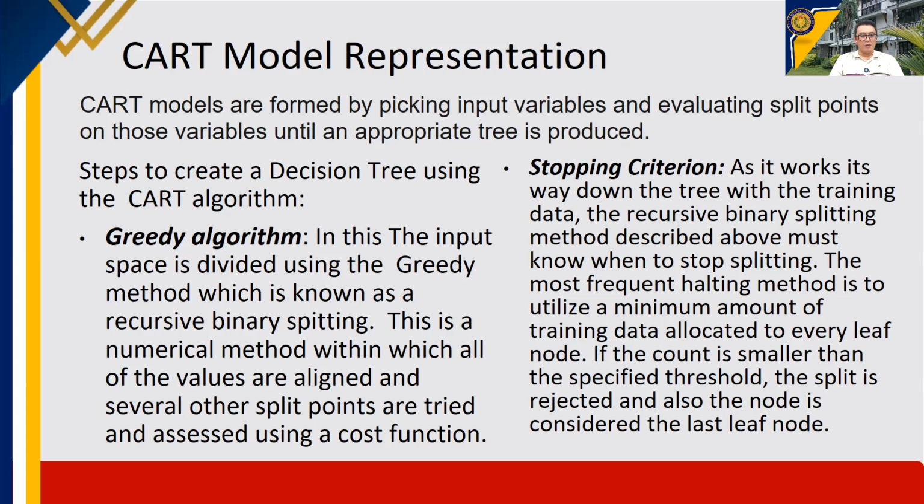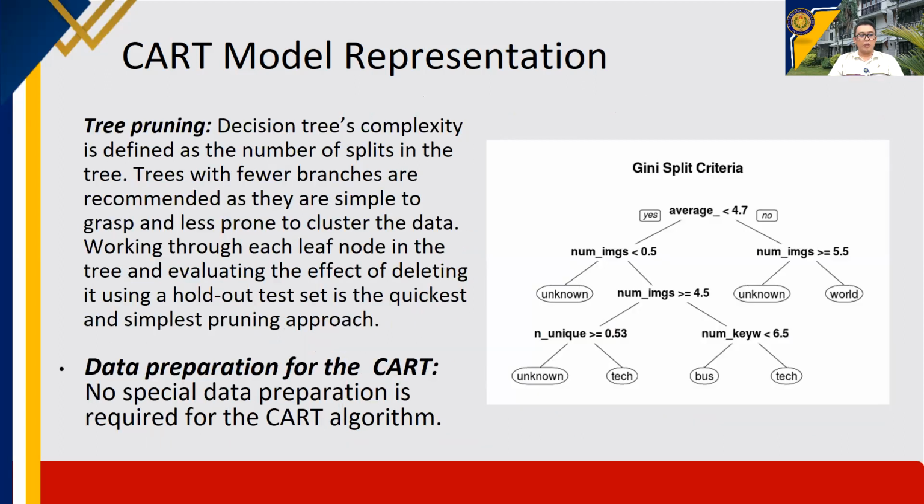As it works its way down the tree with the training data, the recursive binary splitting method described above must know when to stop splitting. The most frequent halting method is to utilize a minimum amount of training data allocated to every leaf node. If the count is smaller than the specified threshold, the split is rejected and the node is considered the last leaf node. Then we go to tree pruning.